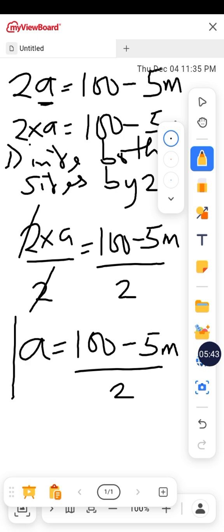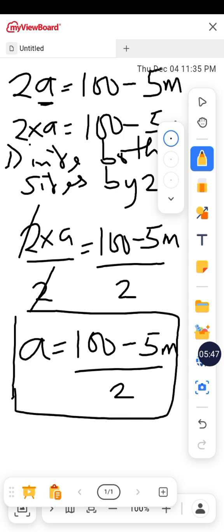And this way, we have been able to make a the subject of the formula.